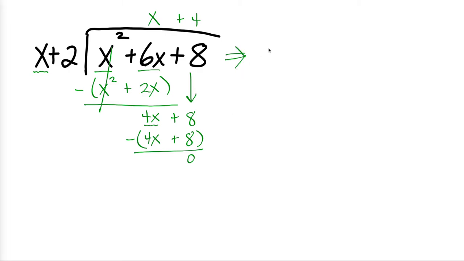Now what this told us: x squared plus 6x plus 8 divided by x plus 2 gave me exactly x plus 4. I don't have to use that symbol, I could use a fraction bar too.